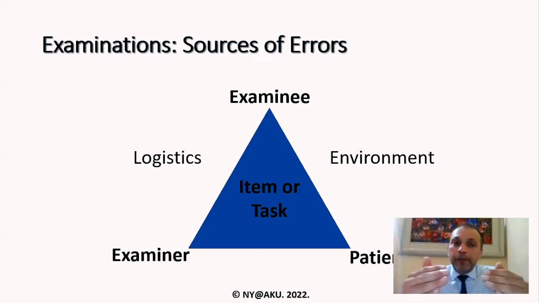And if the score for some candidate is going down, it has to be purely, mostly due to the candidate being relatively less competent, less able, and should not be because the environment was not appropriate, the examiner was strict, or the patient was not cooperative, the task was not clearly written, and hence was not understood.